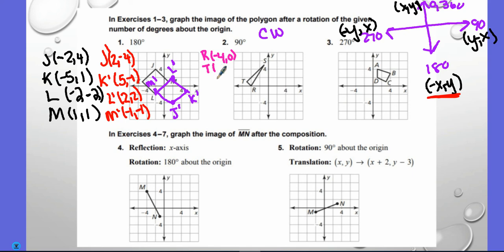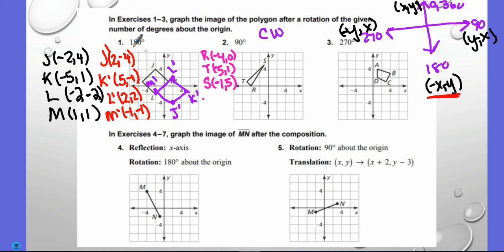T would be 5 and looks like 1. Negative 5 and 1. And then S would be negative 1 and 5.